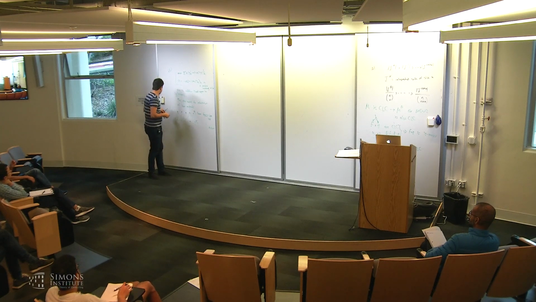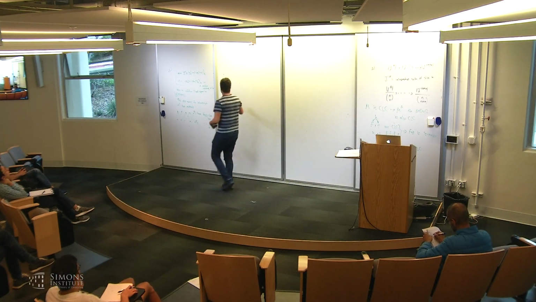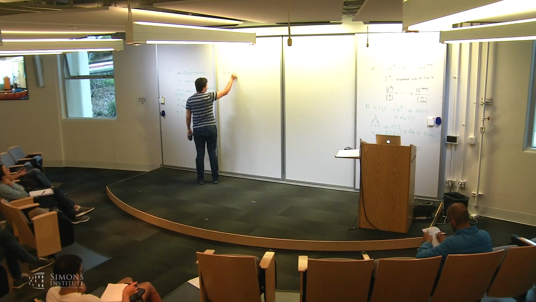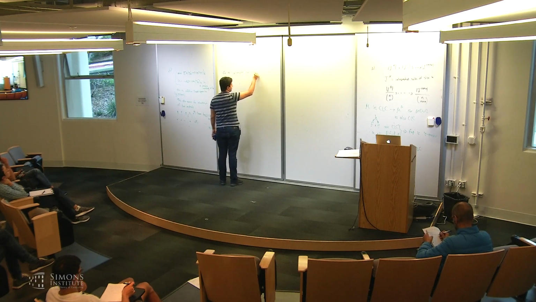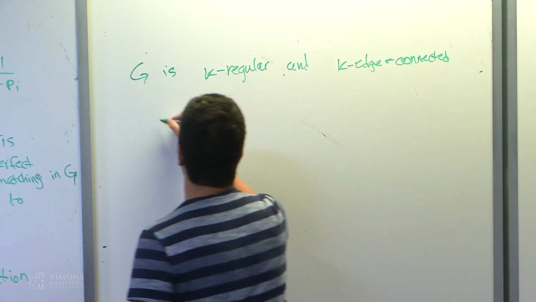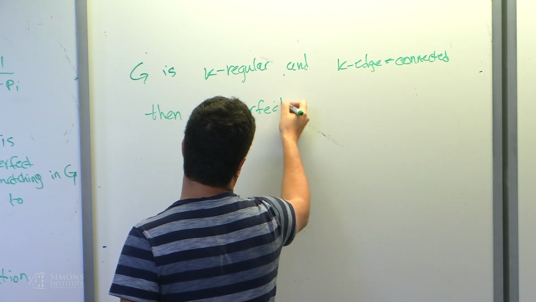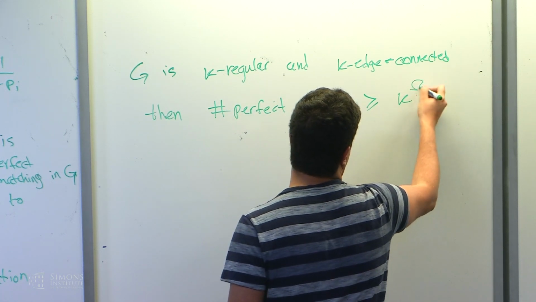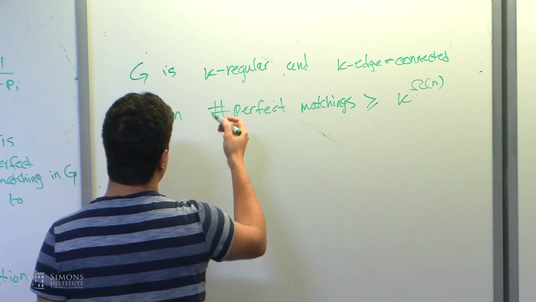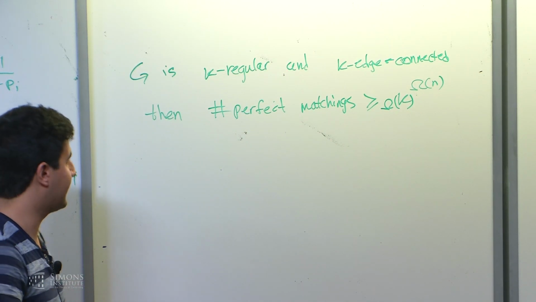The simplest way to describe it is that if G is K-regular, and I'm putting more assumptions than you need, K-edge-connected, then the number of perfect matchings is something like K to the omega of n, that is, omega of K to the n. The conjecture is for large enough K.